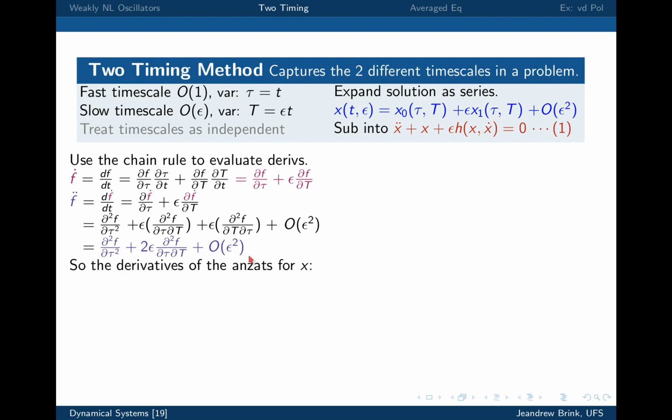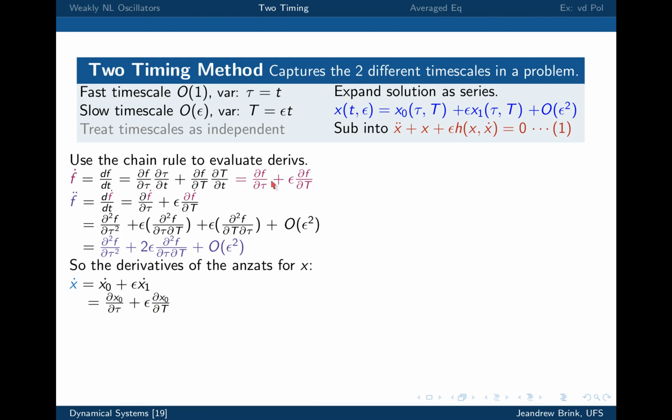Okay, so we're now going to put these definitions for derivatives into our ansatz for x, and we're going to use that to actually evaluate this thing. So x dot is equal to, remember x is also an expansion, so it's basically x0 dot plus epsilon x1 dot. And x0 dot is just dx0/d fast time plus epsilon dx0/d slow time.